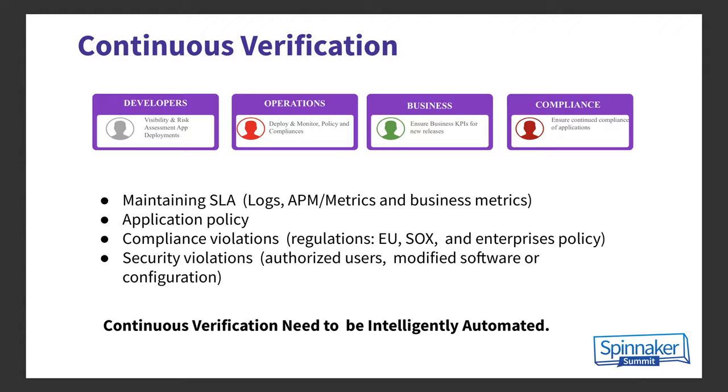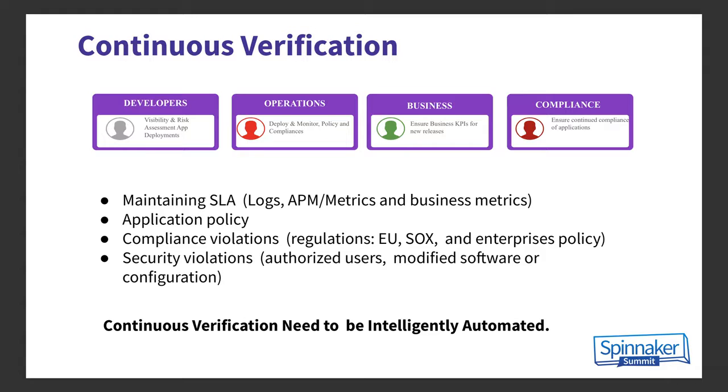So what is continuous verification? Essentially it is addressing all these stakeholders. Developers care about what software they released and where it is, and if it stopped for whatever reason, they want to know why, and be able to diagnose and troubleshoot their particular releases. Operations people worry about traditional things: can I deploy it?